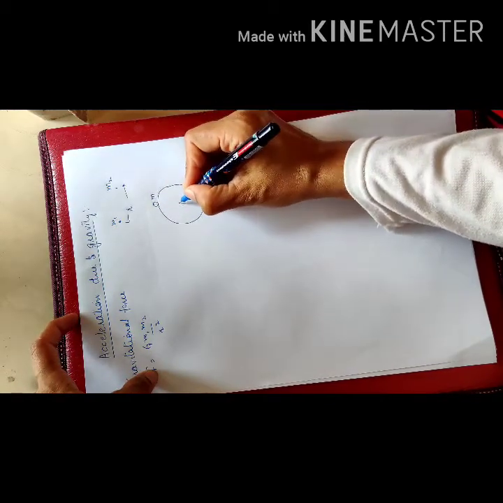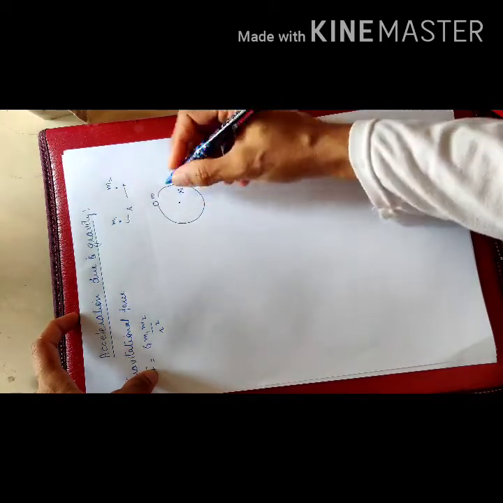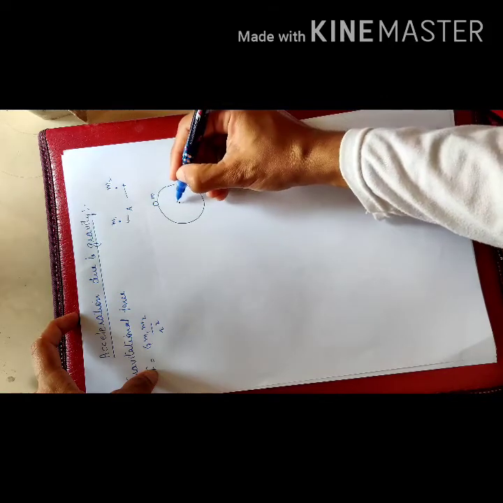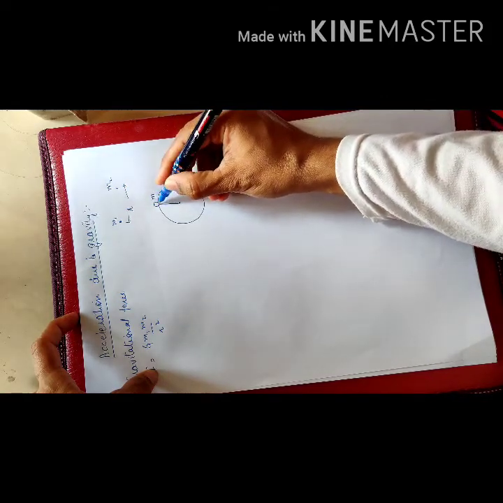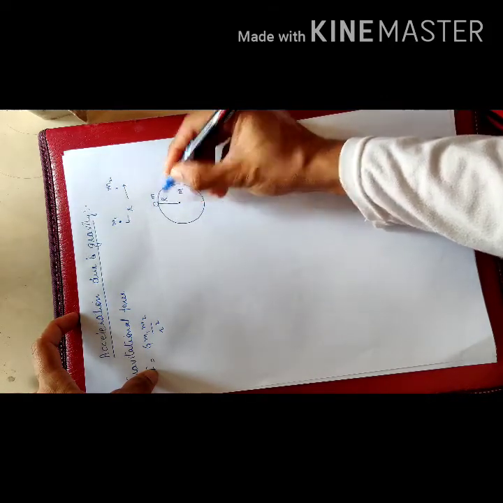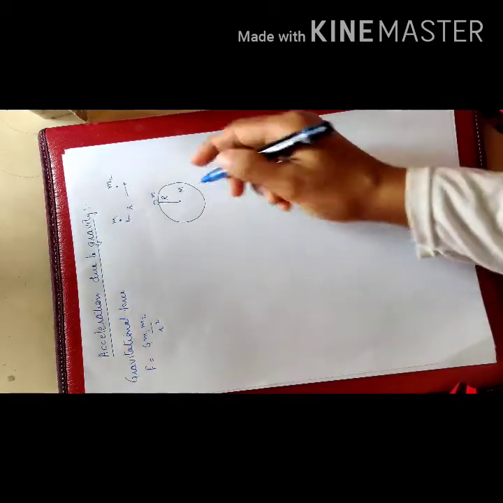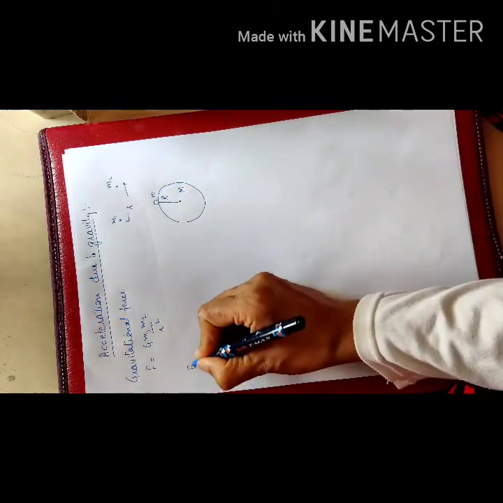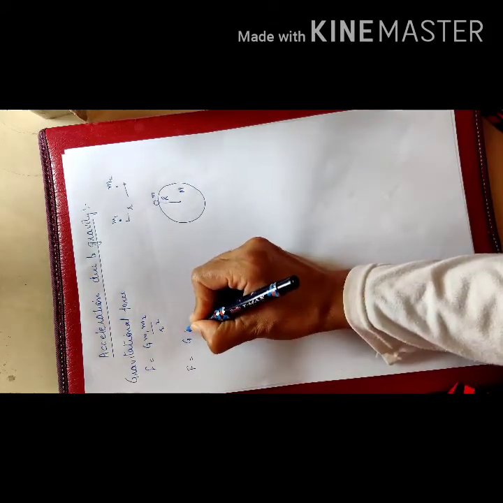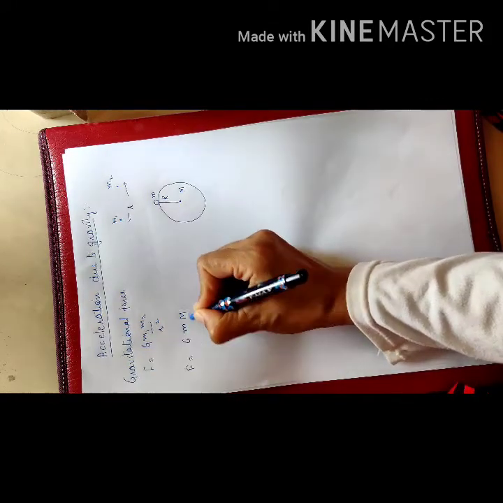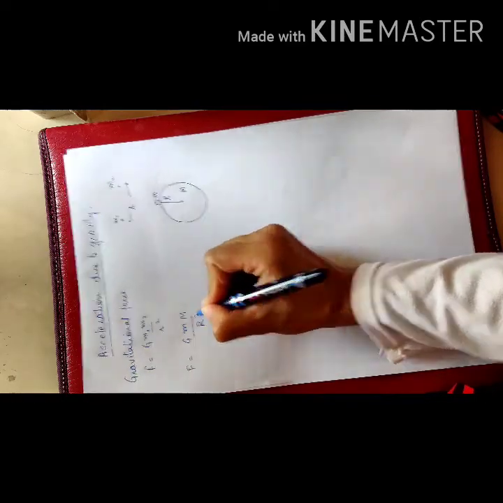Let the mass of the earth be M, and the distance between the two masses is r, the radius of the earth. What will be the gravitational force between them? F is equal to G M m by r square.